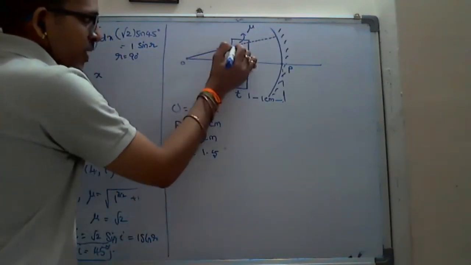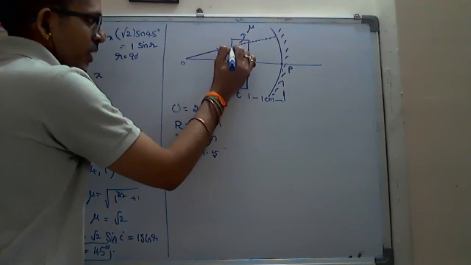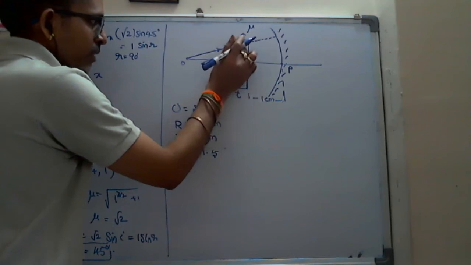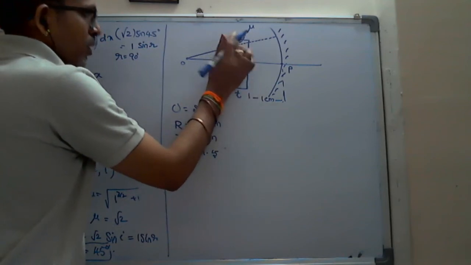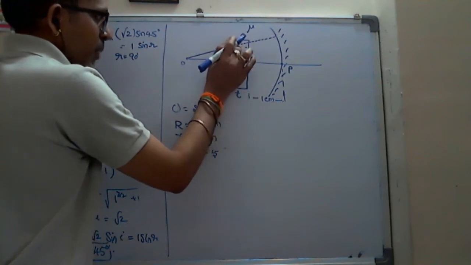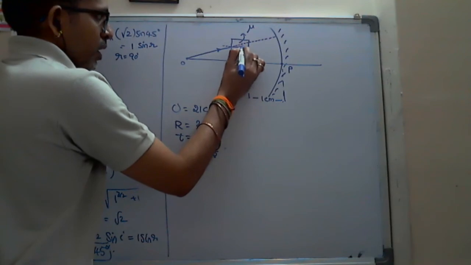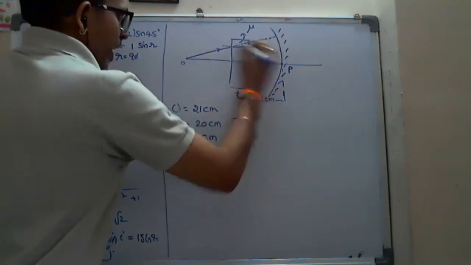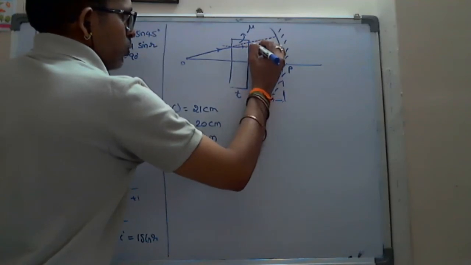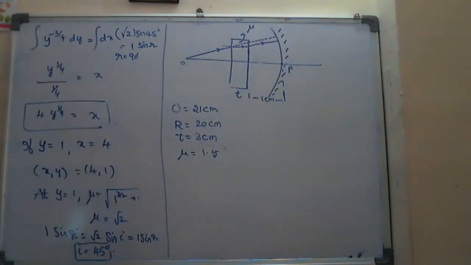But here, one glass slab is there, so if you drop the normal here, the ray bends towards the normal, a bit down like this, and again comes into air, parallel to the incident ray. Then it will be incident on the mirror like that.